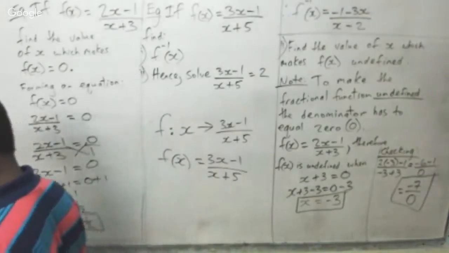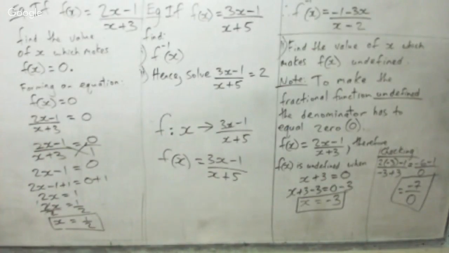Find the inverse, please. You shouldn't need me to find the inverse. I don't promise that I'm going to work on the board. This is very easy. It's extremely easy.